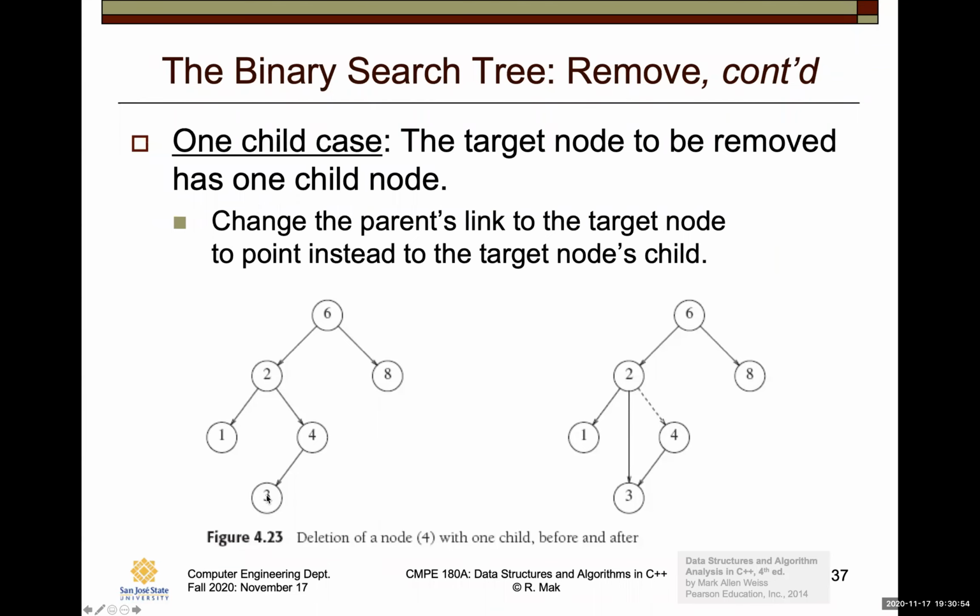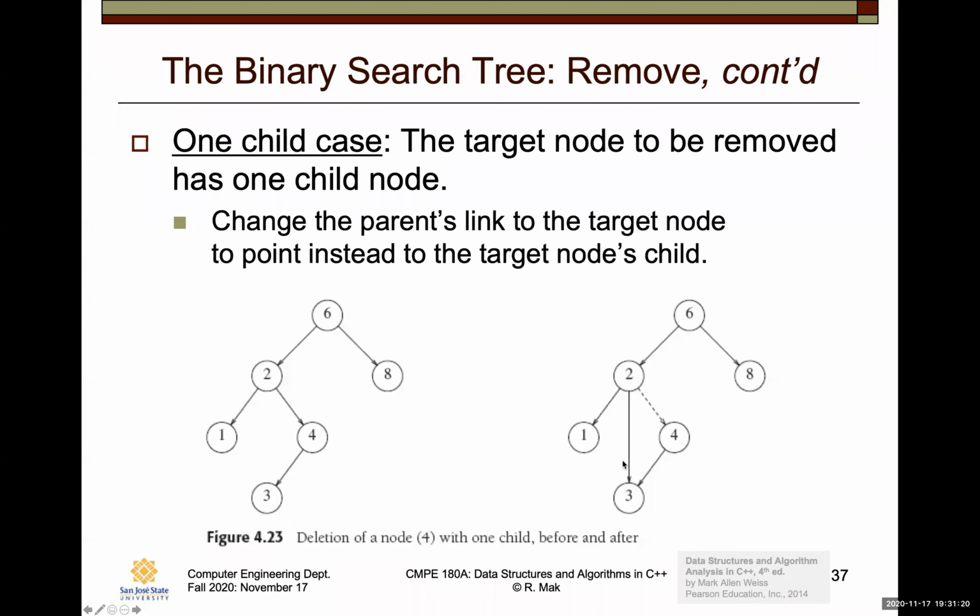4 has one child, and when we remove it, the parent of 4 has to then take over the one child of the node that we're removing. So the 4 goes away, and its single child then becomes the child of the parent of the node that we're removing.